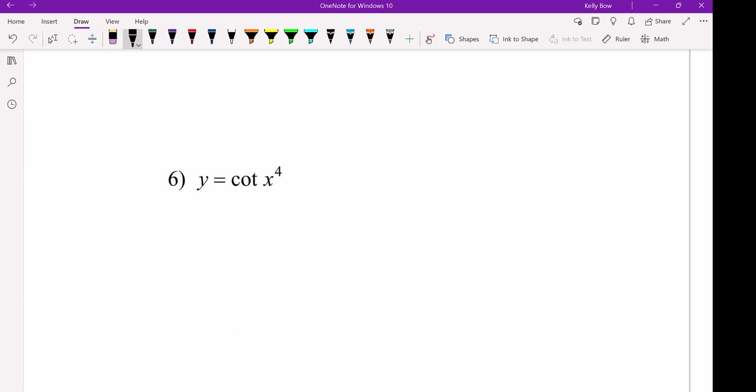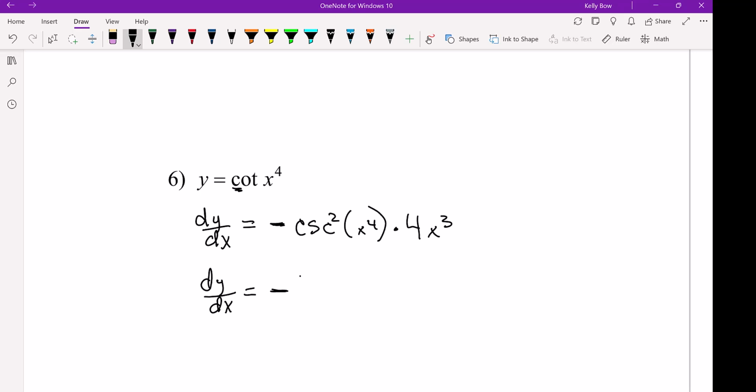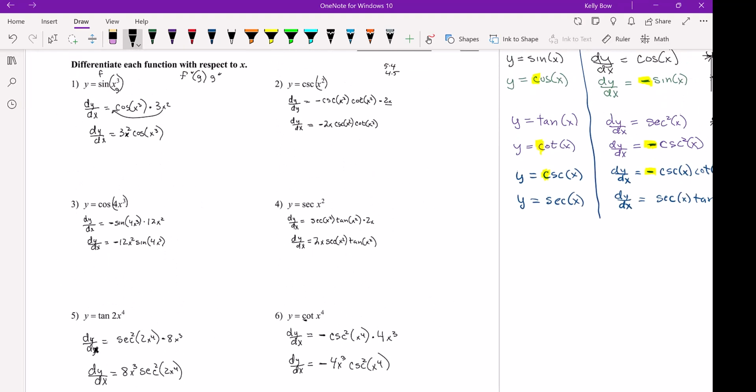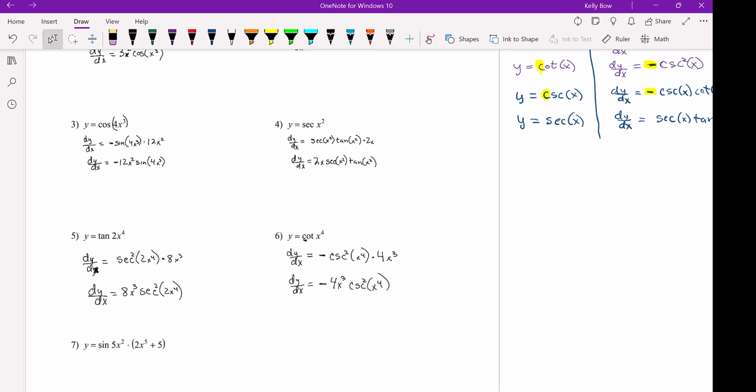And then finally, this function starts with a c, so we know this will be a negative, so this is negative cosecant squared theta times the derivative of that theta, and then rewrite that simplified. All right, so that's finding the derivative of trig functions.